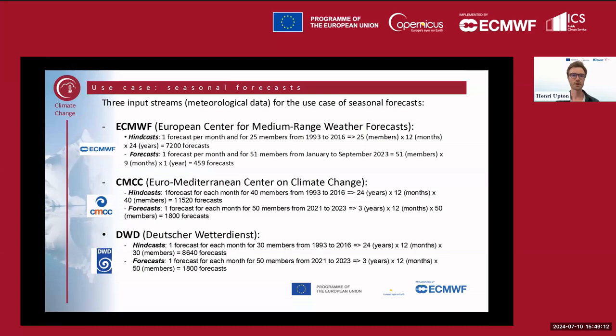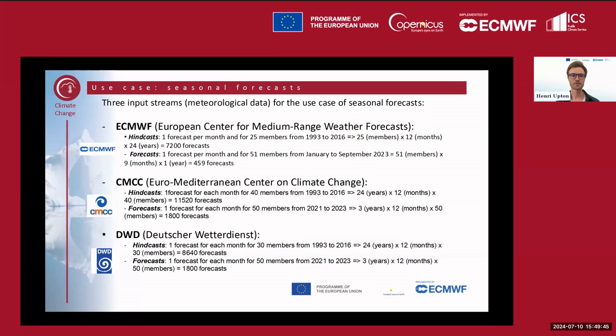So for the use case, we have three different input data streams from meteorological data. We have a seasonal forecast from the ECMWF, from CMCC, and from DWD. For each of these input data, we want to produce hindcasts and forecasts. And as I said, it's each month.